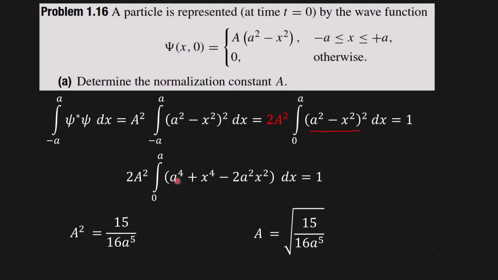If you integrate this, it is a straightforward integration, you will get A squared equal to 15 over 16 a power 5. That means A is equal to the square root of 15 divided by 16 a power 5. This is a very simple integration, so you can carry it out easily.